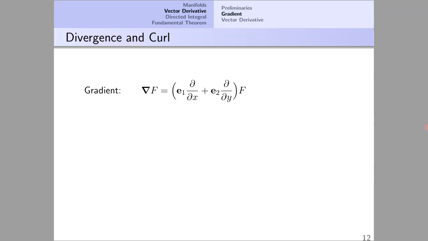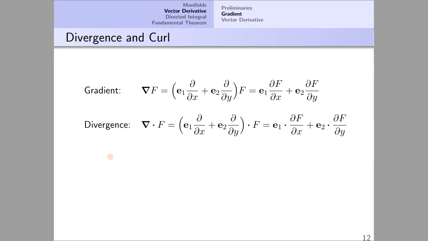We're now ready to introduce the divergence and curl. We'll start out with the gradient from the last slide. The vector del, geometric product f, which expands to this.